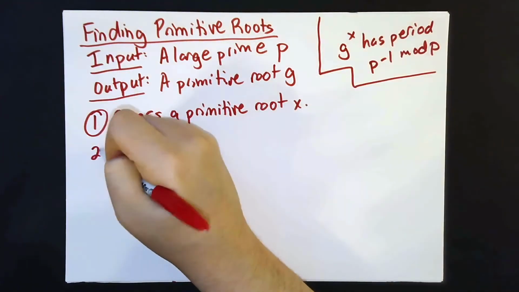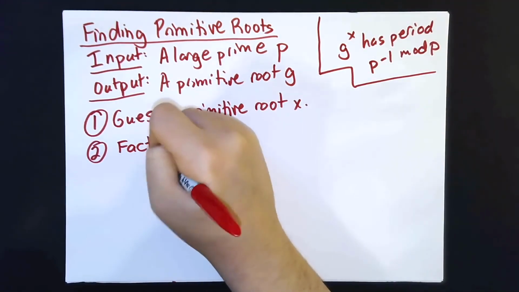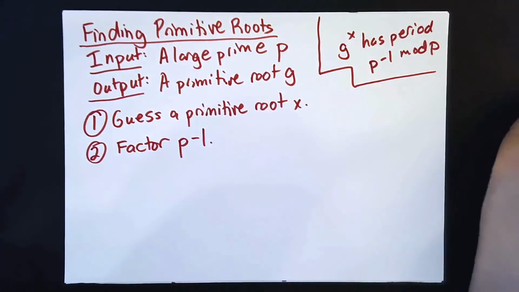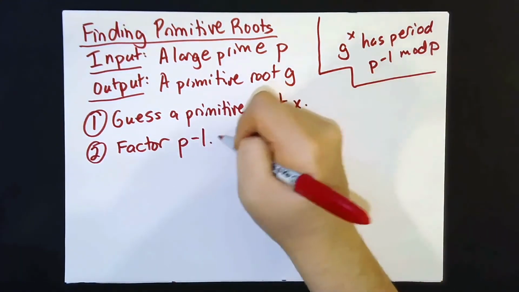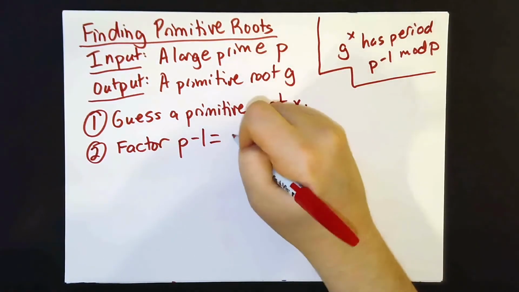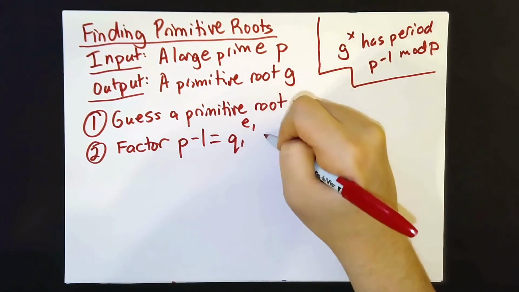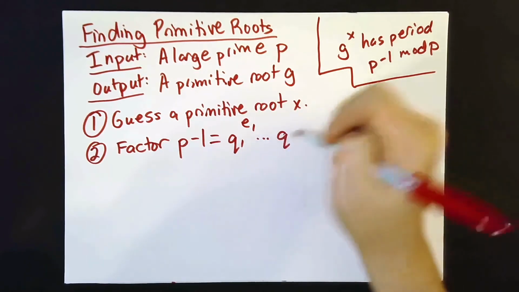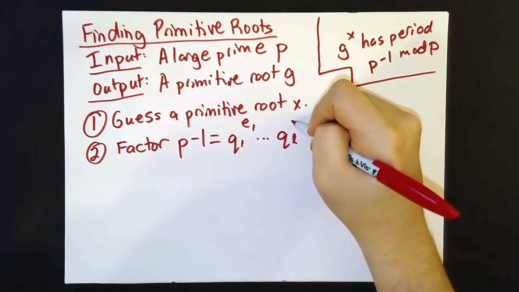And I suppose technically I should have said this as step 1. We're going to factor p minus 1. More on that in a moment. But I'm going to write the prime factorization of p minus 1 as a product of primes, which I'm going to call q1 to the e1 up to ql to the el.